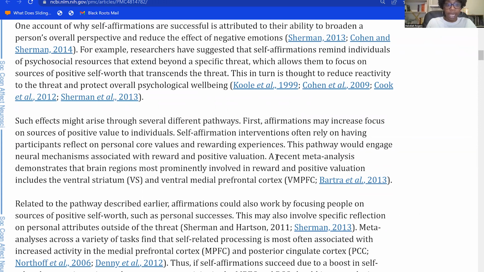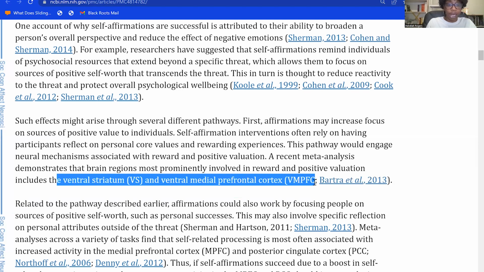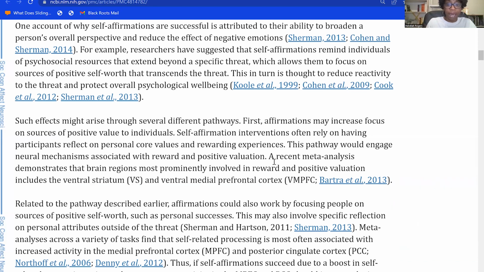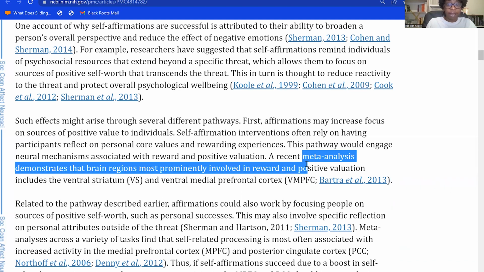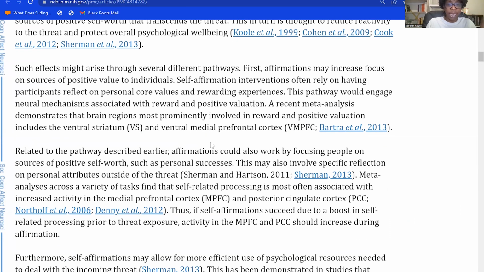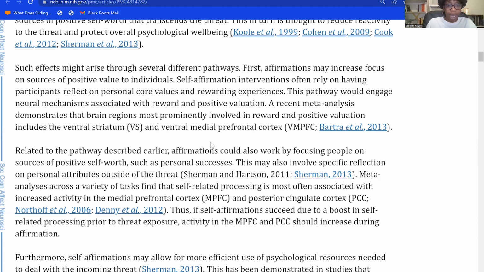So now it's saying there's two brain regions, the ventral striatum and the ventral medial prefrontal cortex, and the VMPFC and VS are the two areas that other research meta-analyses have demonstrated. So that sets you up to think, okay, they're probably going to do some research on the VS or the VMPFC in whatever study they're doing now.